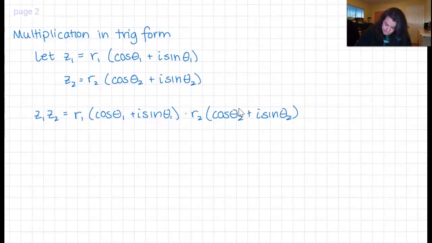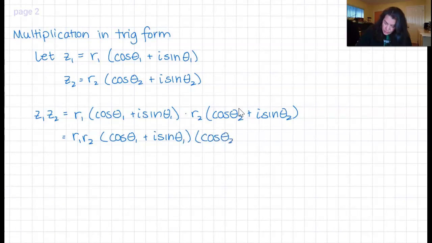All right. Well, I can multiply the r's together, and then I have the other quantity that I'll have to FOIL. So it's going to be r1, r2, and then cosine theta 1 plus i sine theta 1 times cosine theta 2 plus i sine theta 2. All right. I'm going to have to FOIL.